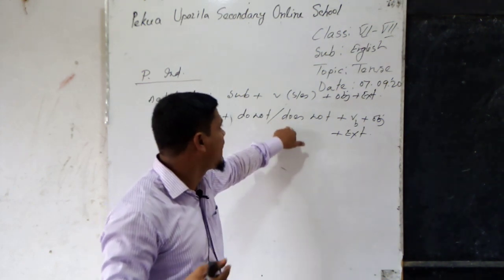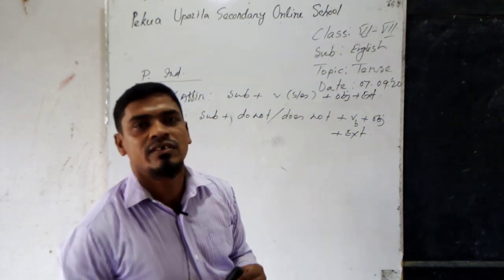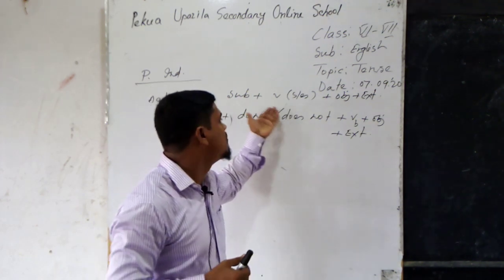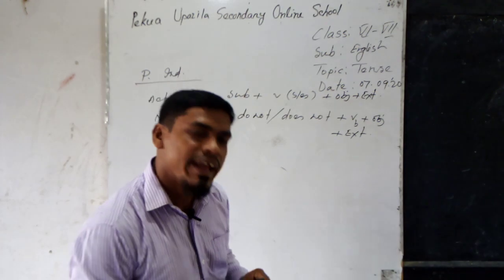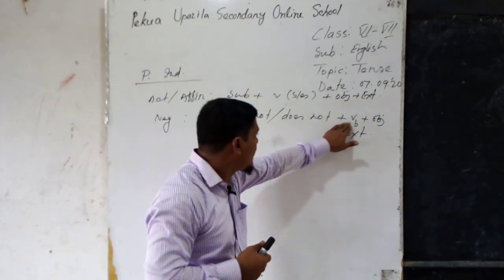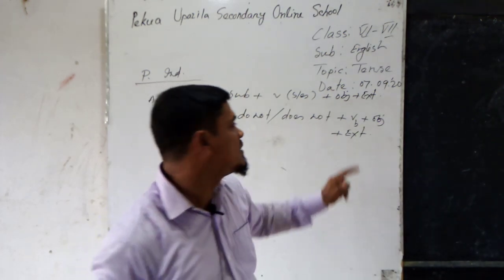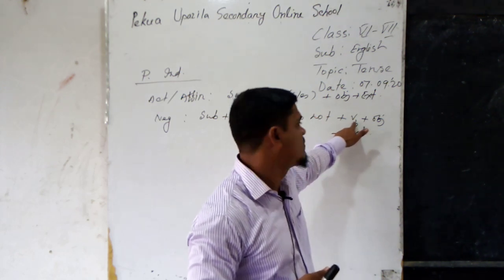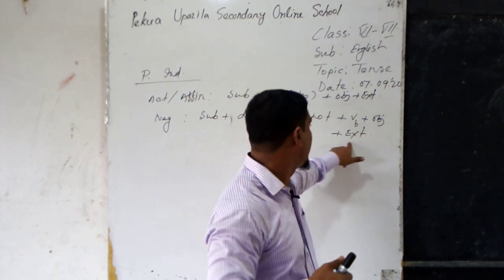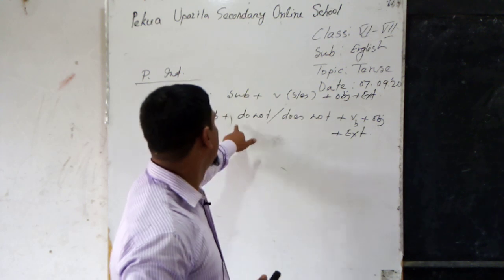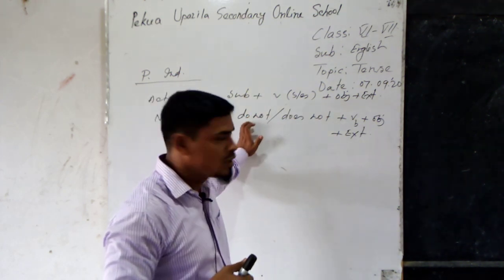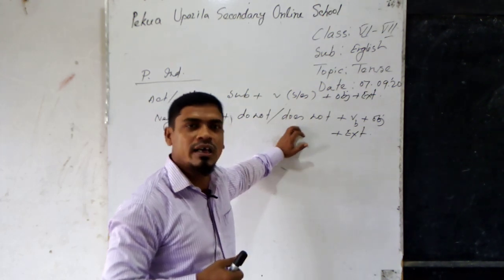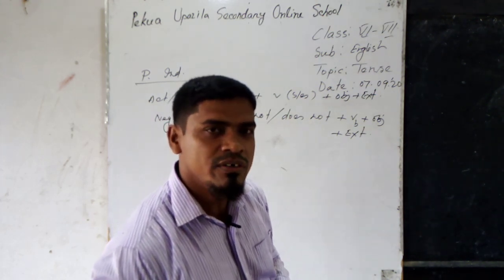If you find any s or es with affirmative form, you must use does not to make it negative form. And then verb base form, then object, then extension. Okay, you have to notice these two words: when you use do not, when does not. I'll give you an example to clarify.